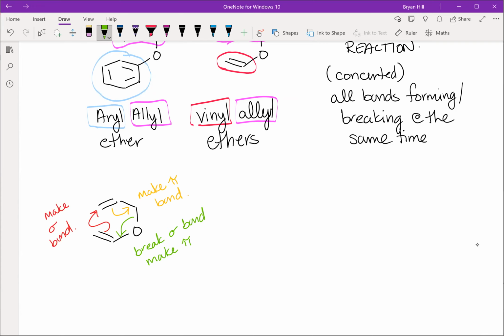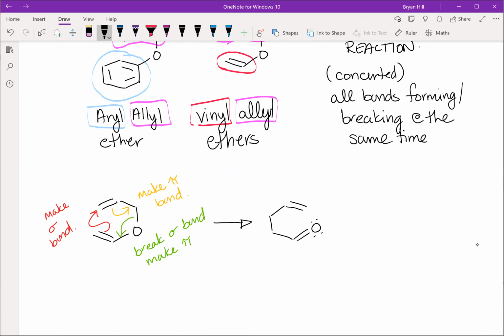And so what we end up with is this. And if you do the energies of all of the various bonds, the final product is thermodynamically the more stable. So that's one of the driving forces for it. All three of these movements of electrons amount to a grand total of 6 electrons, and it's in a cycle.